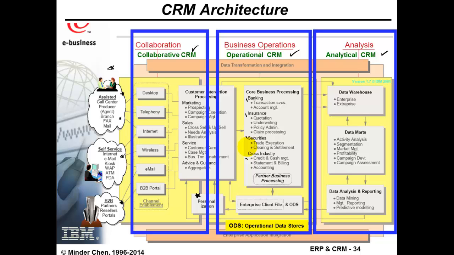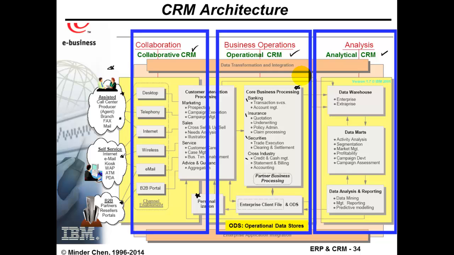But once you receive an order, or once you receive a request for a loan, then you need to start processing the loan application and do some credit checking. If they ask for a quotation for the rate, then you need to get back to them. That's the more operational side, and you do need a lot of operational data, with access to operational information systems, in order to get your job done.